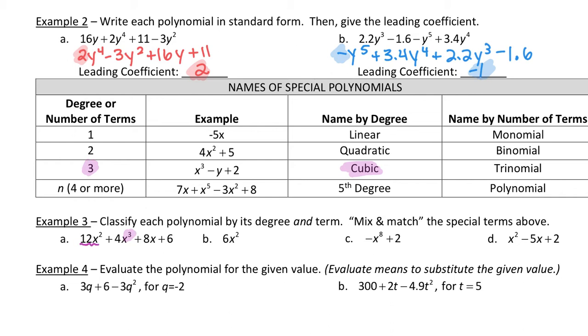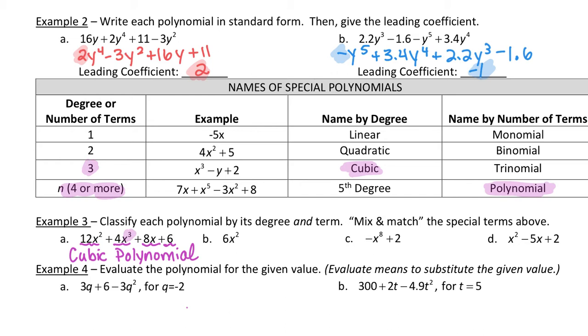Next, I can see I've got 1, 2, 3, 4 terms. And if we go to our table, anytime we have 4 or more, we're just going to call it a polynomial. There's no special word for that.